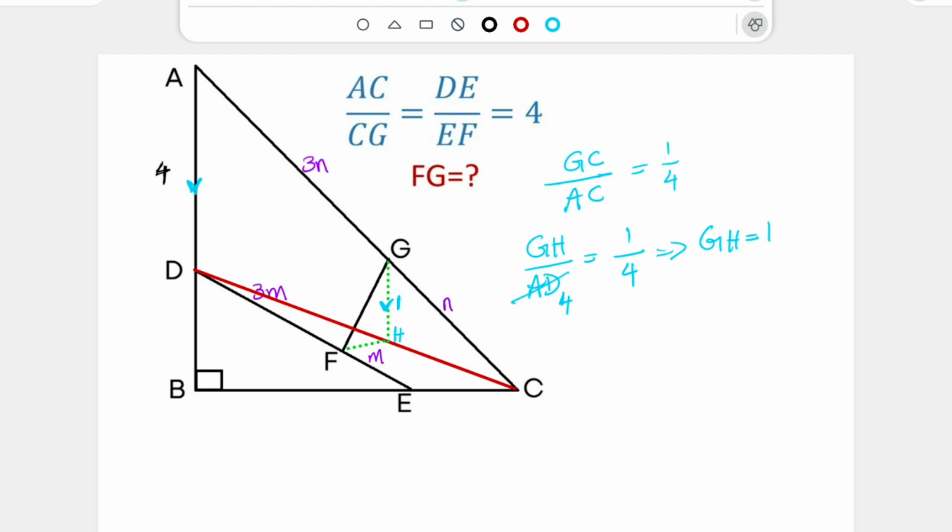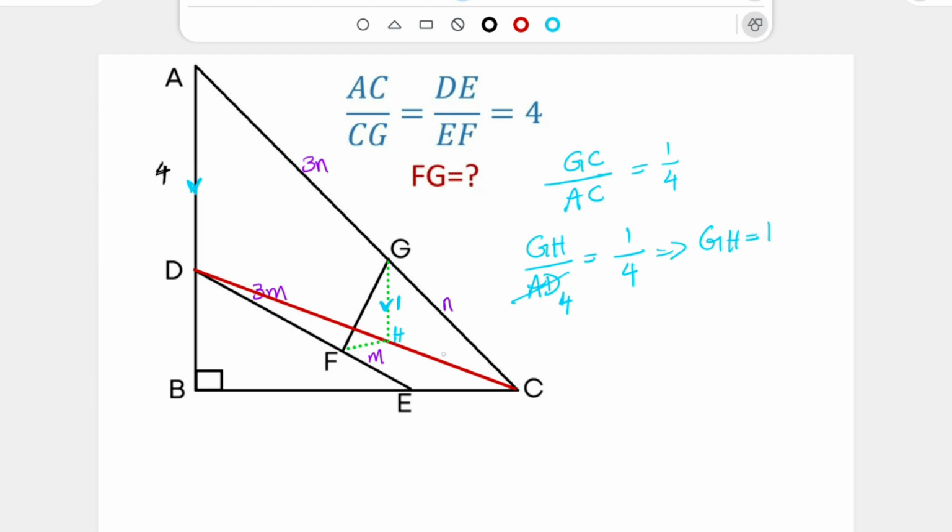Okay, now we know that CG over GA is 1 over 3. We also know that GH is 1 over 4 of AD, right? This implies that CH over HD is also 1 over 3.